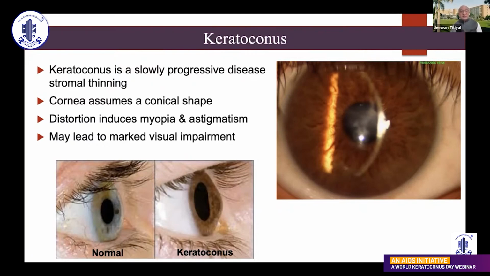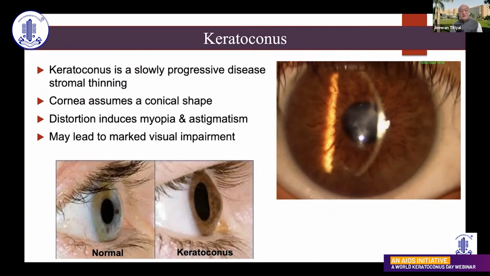Along with that, there will be a cylindrical power also coming, which we call astigmatism. To begin with, this astigmatism or cylindrical power is regular, and can be corrected. As the disease progresses, it becomes irregular. Once the surface becomes irregular, the image also gets distorted. It's like a lens or mirror: if the mirror is absolutely clean and sharp, the image is very, very sharp.